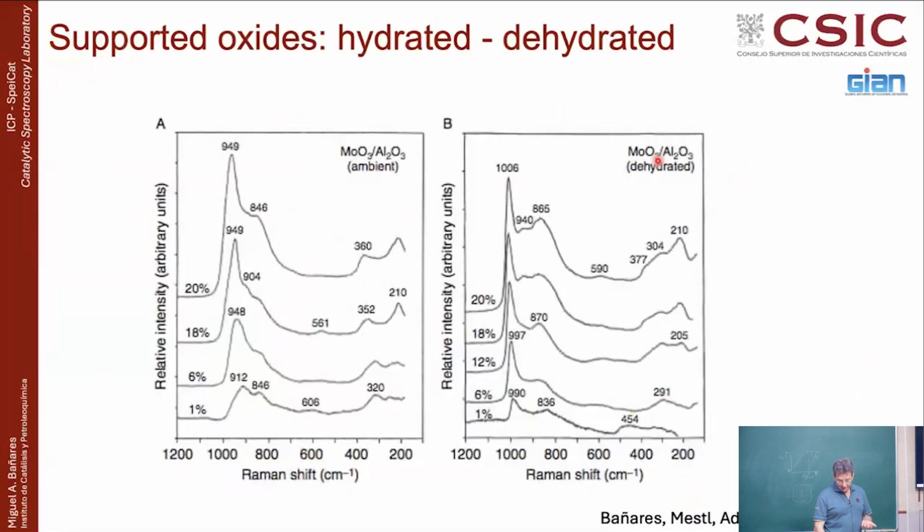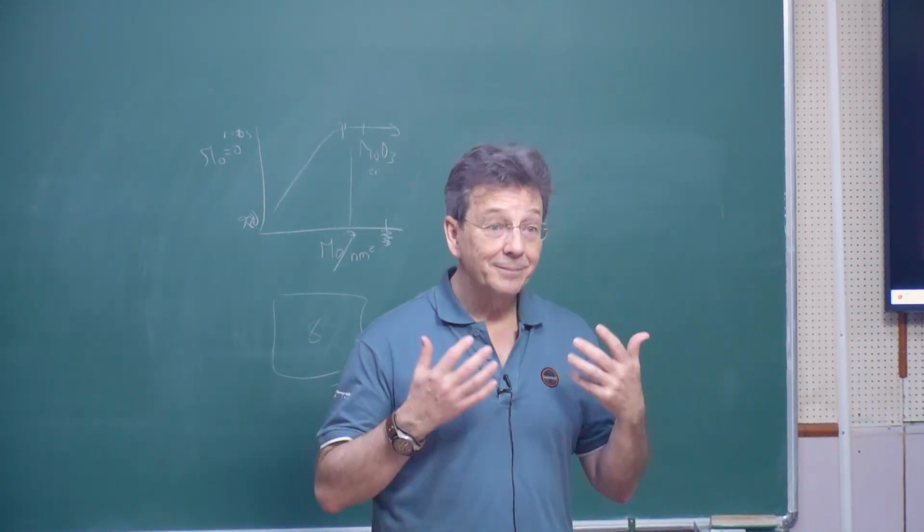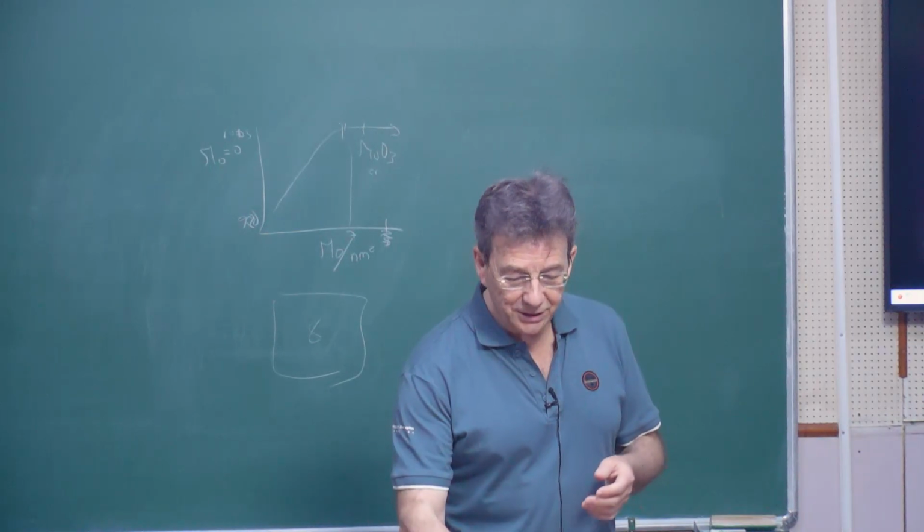So you remember, hydrated, dehydrated, we do see a change. Dehydrated, I already told you the structure. Here you have, for instance, molybdenum oxide on alumina, dehydrated, the molybdenum-oxygen double bond, and the molybdenum-oxygen-molybdenum bond. This is the stretching, this is the bending. Okay, fine. But what is this?